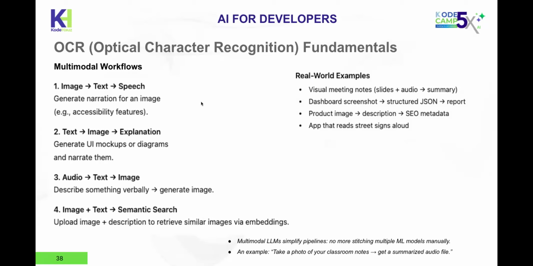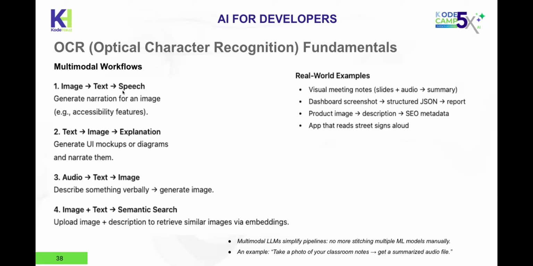So we'll just end this with this last one where you can talk about multimodal workflows. When we say multimodal workflows, what do we mean? What are the things that you can essentially do with your multimodal models? So one example is image to text to speech, which is very interesting.